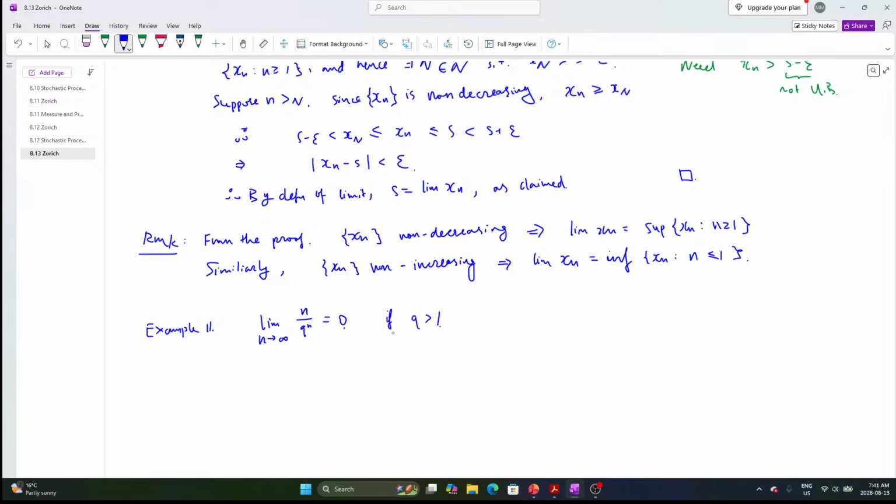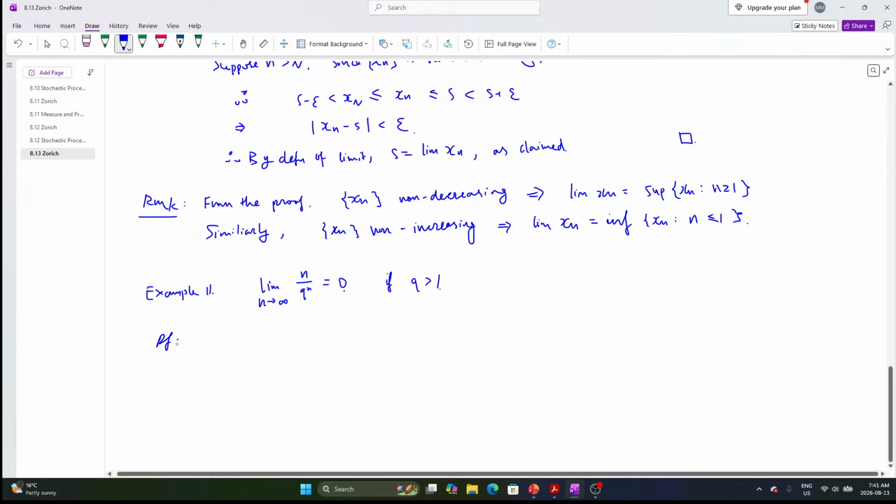So, here's the proof. It goes like this. Let's write xn to be the sequence n over q to the n. Okay, so we want to investigate the monotonicity, after all, this is a section on monotone sequences.